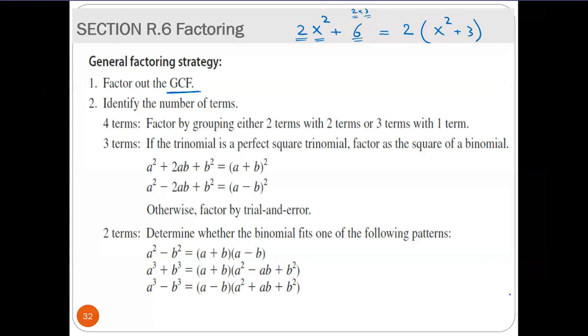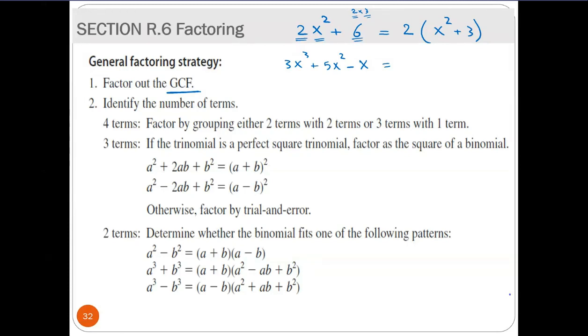Okay, sometimes we can take as variable common factor. For example, 3x to the power 3 plus 5x squared minus x. So here we cannot take a number as common factor because we have 3, 5 and minus 1.